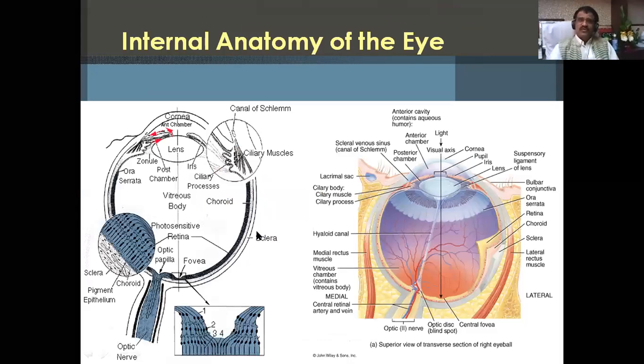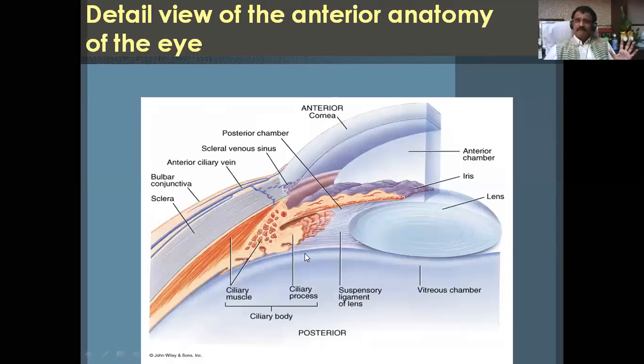Now we will go to the internal anatomy of the eye. Okay, here you can see the diagram which shows everything that the eye has from inside. Plus, this is a magnified diagram which shows the most anterior part of the eye, mainly the location of the lens, and just in front of it you can see the anterior chamber.